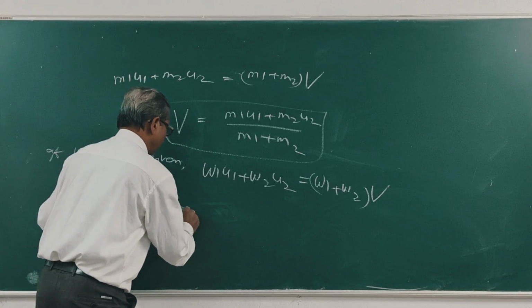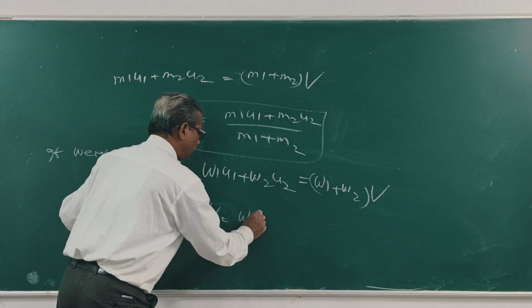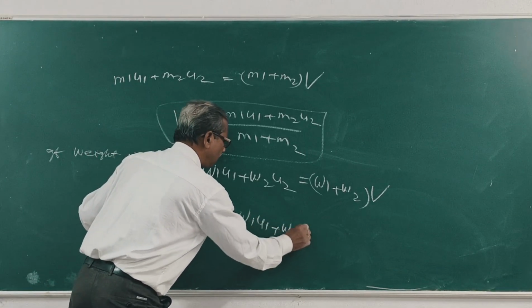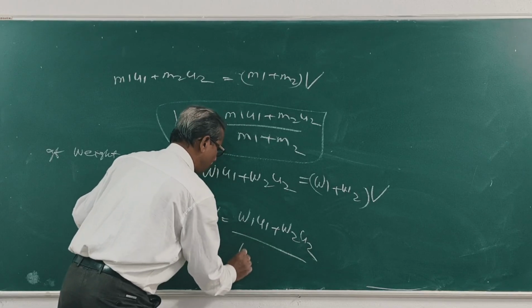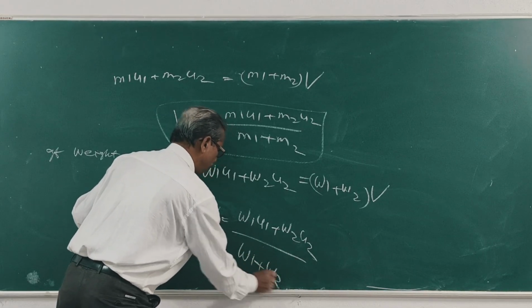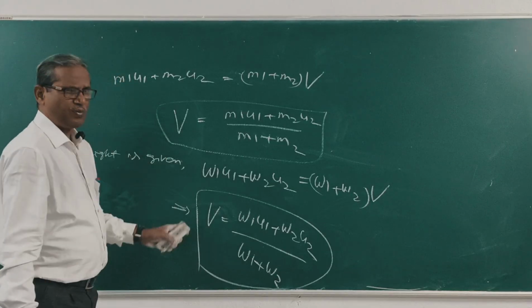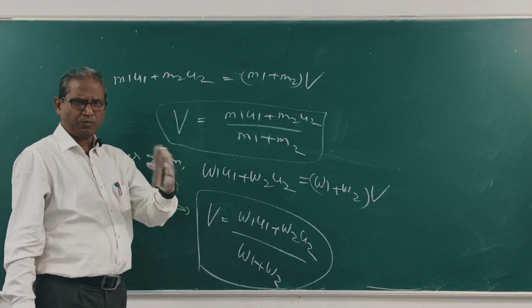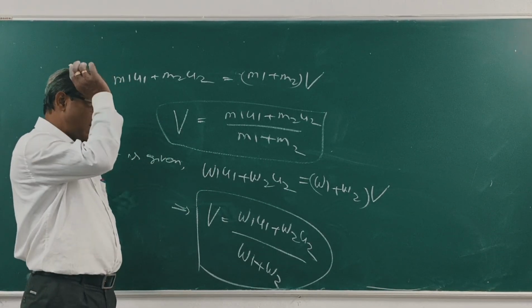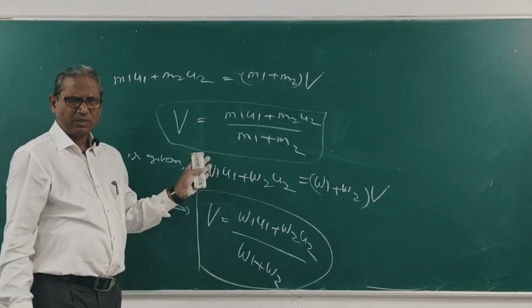This implies v is equal to W1 u1 plus W2 u2 by W1 plus W2. Clear? This completes our theory of law of conservation of linear momentum. Next class, I will do some problems regarding this theory.